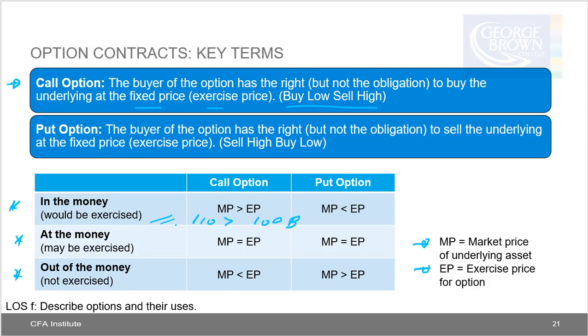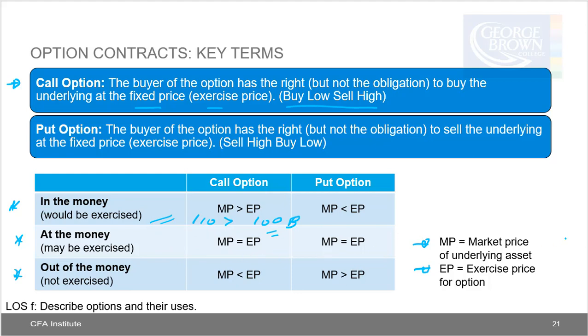I've made a profit, okay? So that's fairly easy to understand. A call option gives me the right to buy low, sell high. If the market price is above the exercise price, the call option is in the money. When a call option is at the money, it means the market price equals the exercise price.